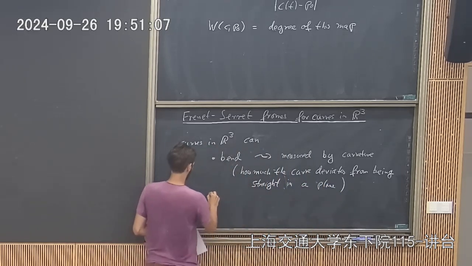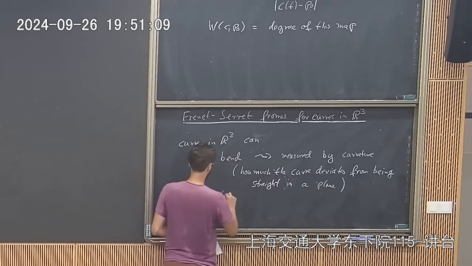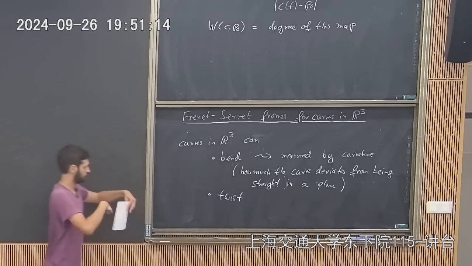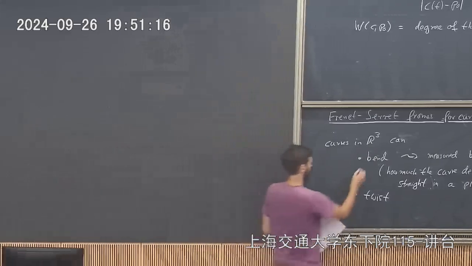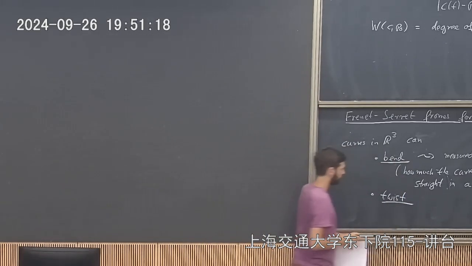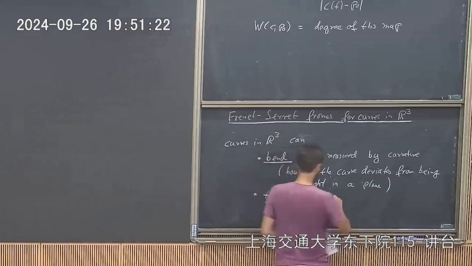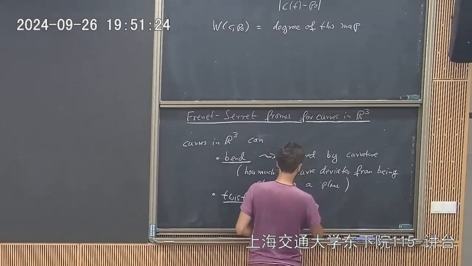And then there's this plane that is approximating, which can also move, and that's what is called twisting. And that's as we will define now.